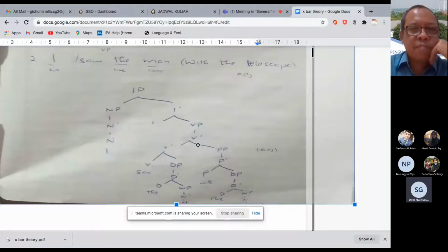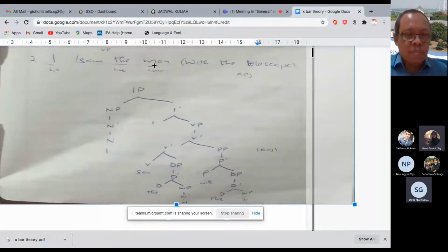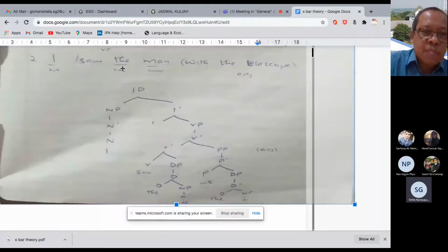Okay. So our V bar, where we saw the man. Here we have the verb saw, then the man. The here is the head, so we use it as the DP.